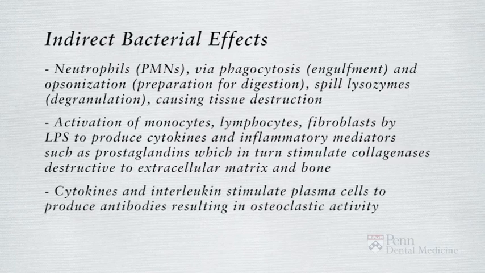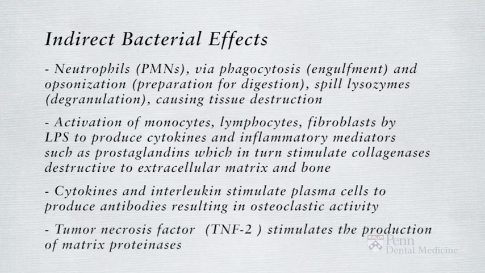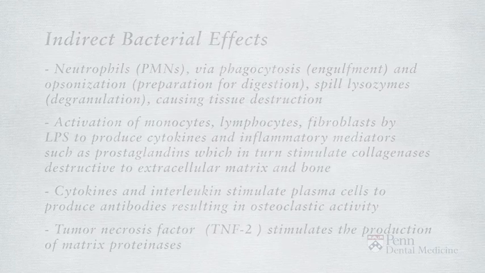Cytokines and interleukins stimulate plasma cells to produce antibodies, resulting in osteoclastic activity. Tumor necrosis factor stimulates the production of matrix proteinases. So in other words, to summarize, there are two mechanisms. There is the direct bacterial effect, and there is also the mediated effect through inflammation and immunological reaction.